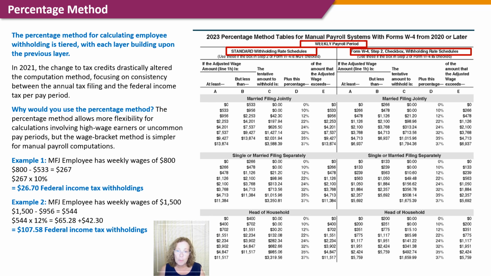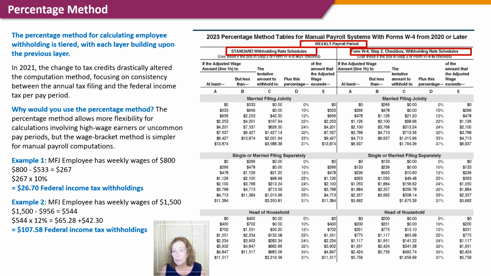The percentage method for calculating employee withholdings is tiered, with each layer building upon the previous layer. The computations in these tables were changed in 2021 to make them more consistent between the withholdings per pay period and the amount calculated on the annual tax return.